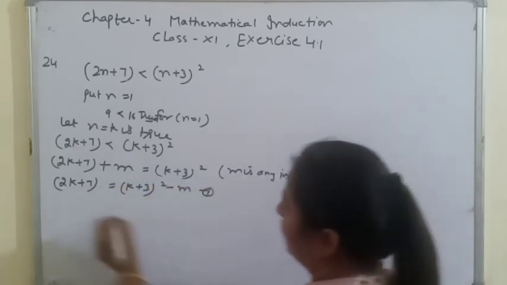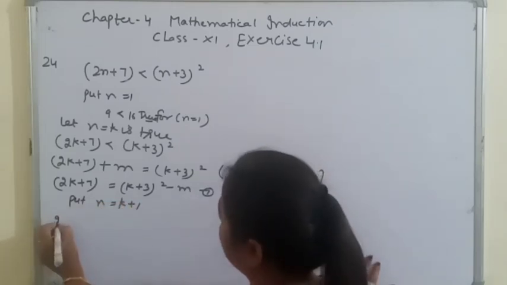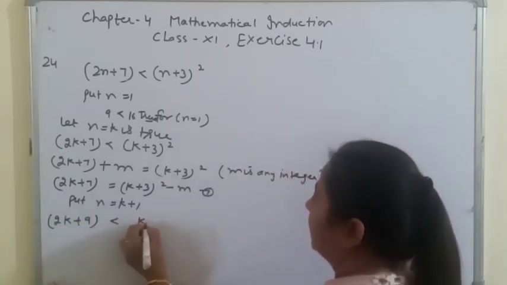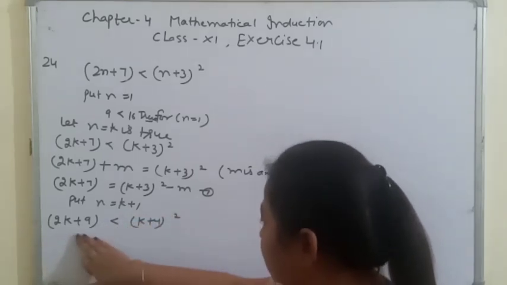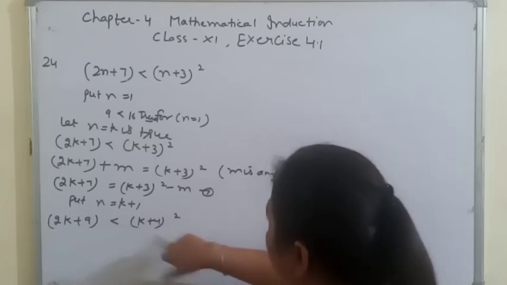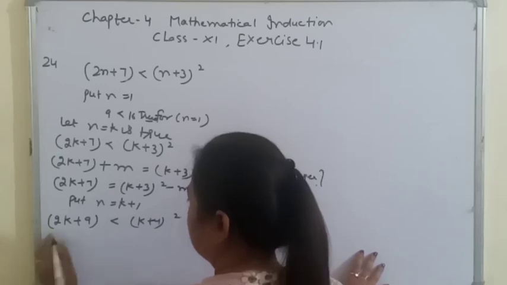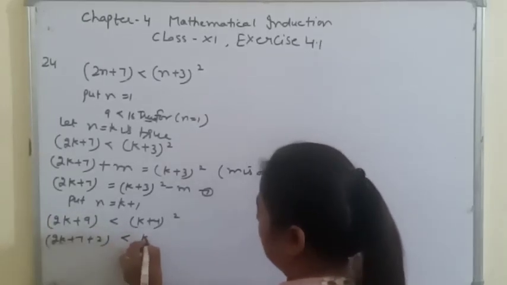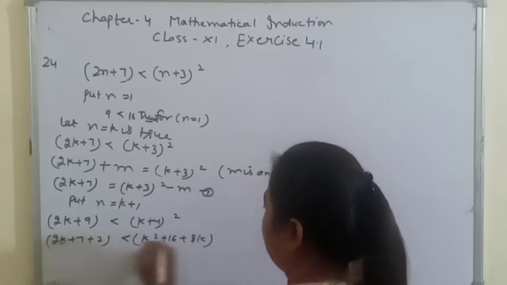This is the first equation. Now put n equal to k plus 1: 2k plus 9 is less than k plus 4 whole square. Now what we have to prove? 2k plus 9 is less than k plus 4 whole square. That is, 2k plus 7 plus 2 is less than k square plus 16 plus 8k.